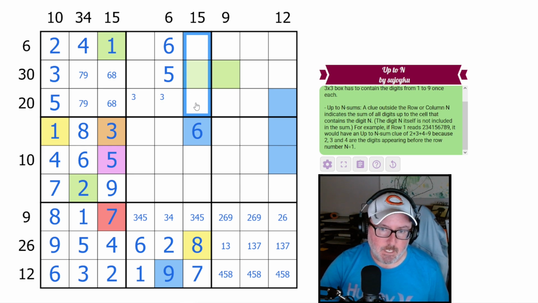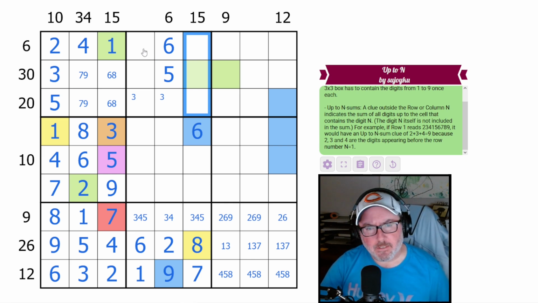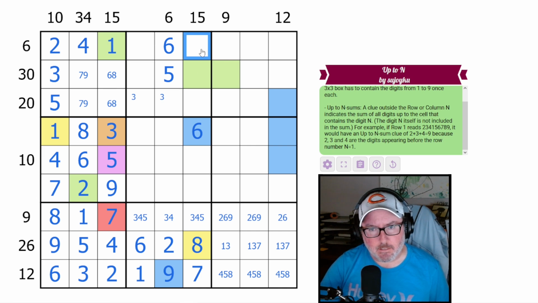What are they going to be? Can we even determine that just yet? Don't know, can we? Maybe it's easier to think about what this digit could be. Because it can't be 1, 2, 4, 5, 6, 7, or 8. So 3 or 9 seems to be the only possibility there.